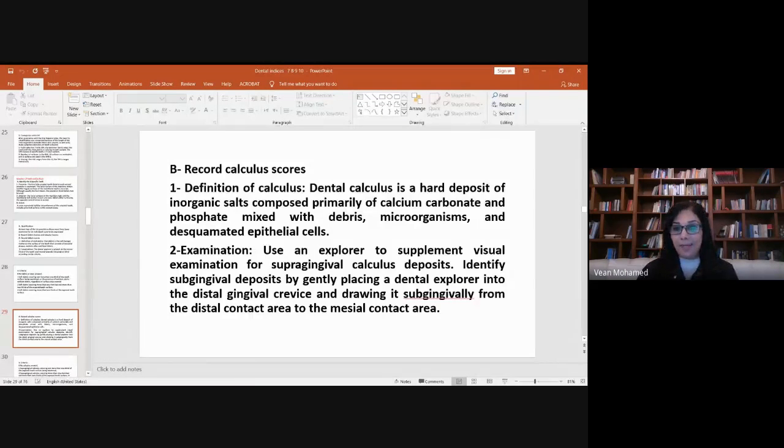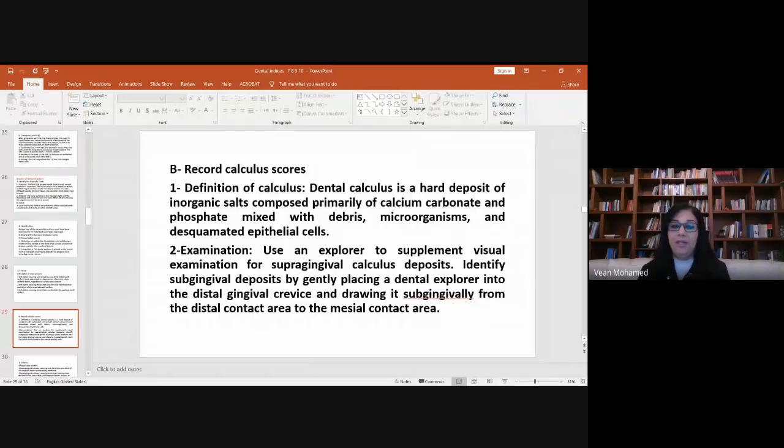It means there is plaque, there is debris, and there is calcification. Why? Because in the oral cavity we have calcium carbonate, microorganisms, and desquamated epithelia. This forms calculus if not removed and if it remains for a long period. So calculus is a hard deposit.